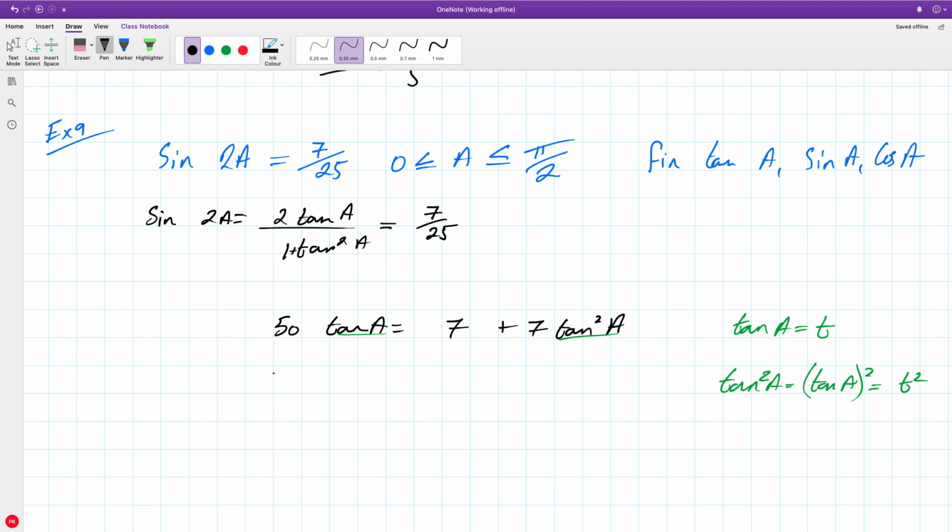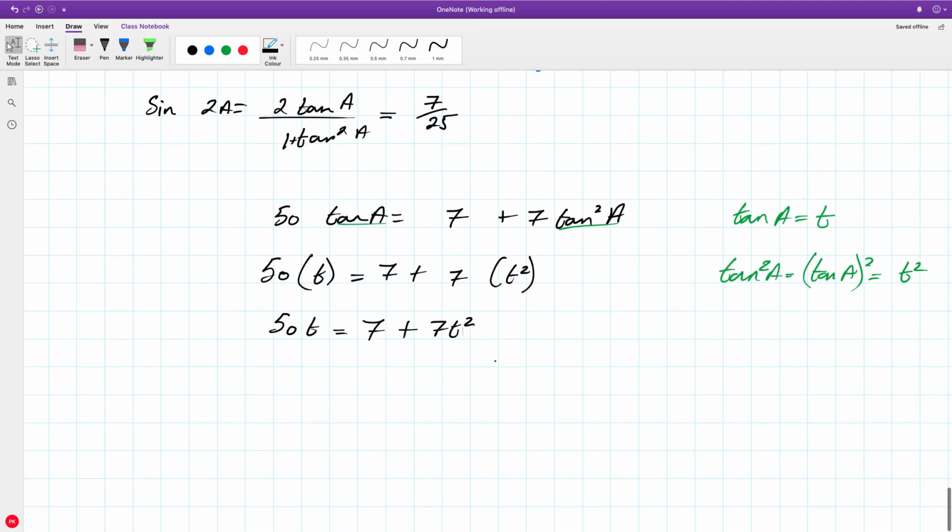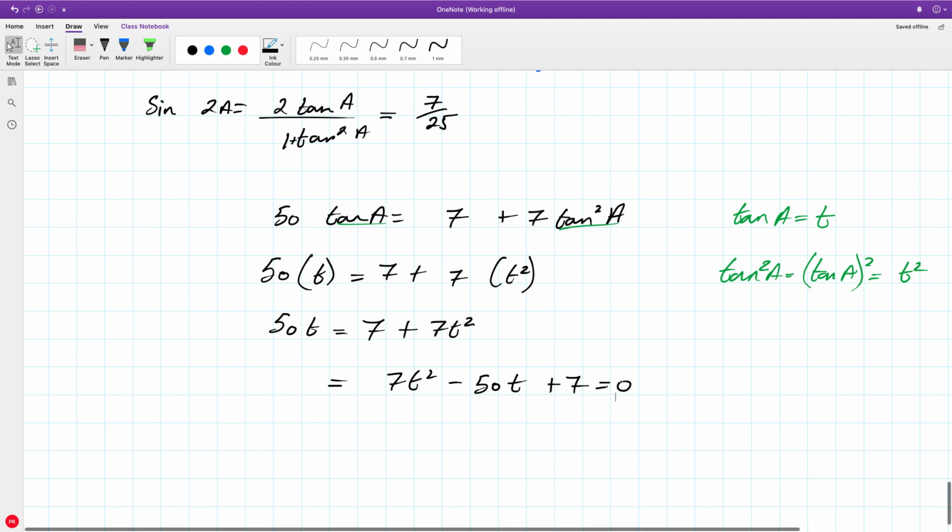So that is 50 times t is equal to 7 plus 7 times t squared. So that's 50t is equal to 7 plus 7t squared, which is 7t squared minus 50t plus 7 is equal to 0.